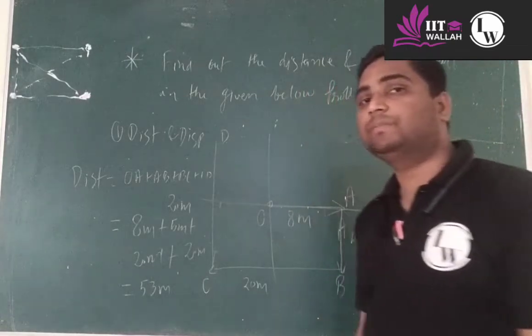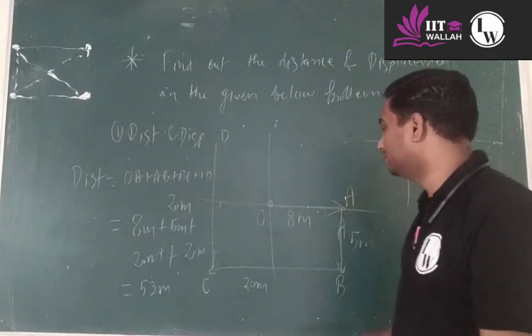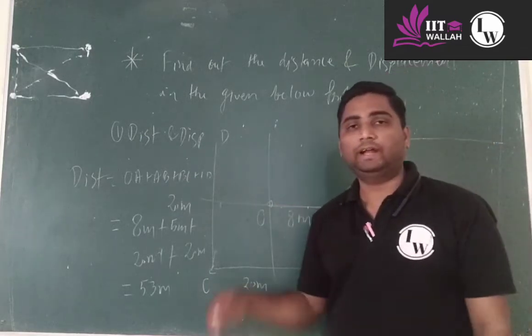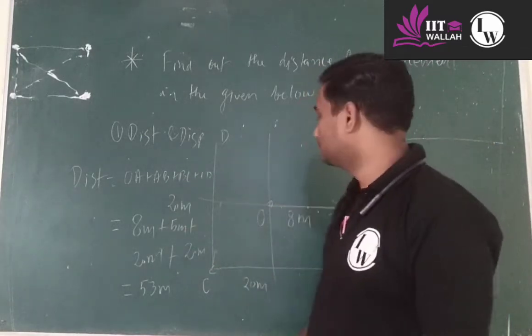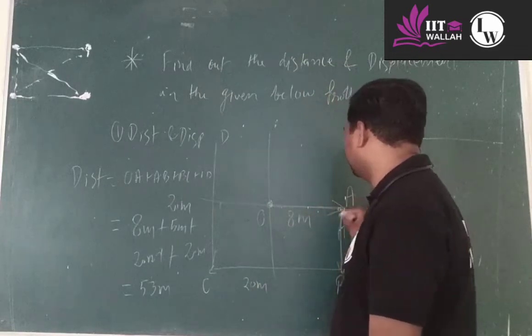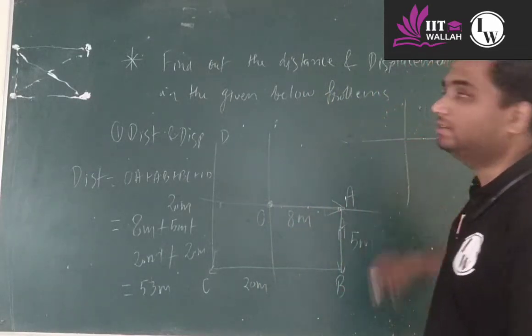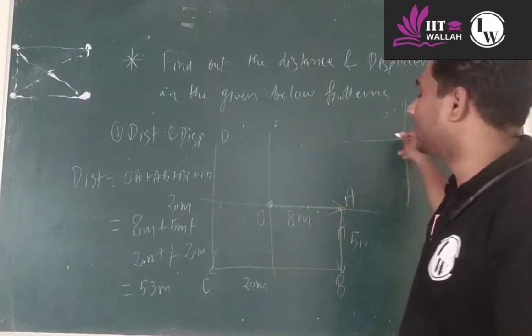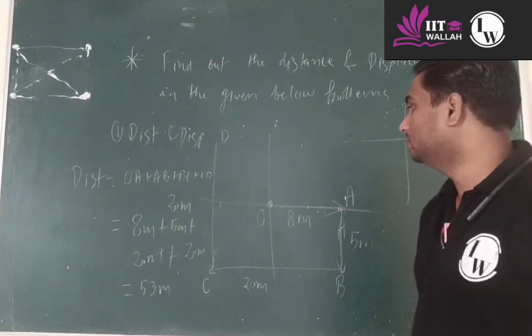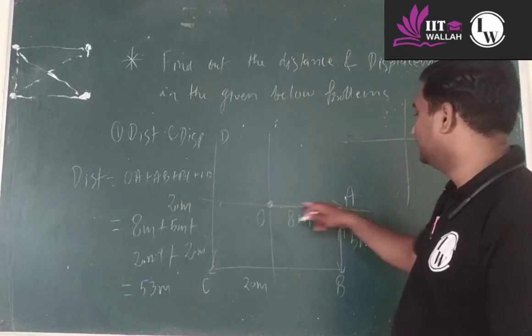As you know the shifting property of the vector, you can shift a vector to any place. So shift these lengths to the origin of the Cartesian plane.